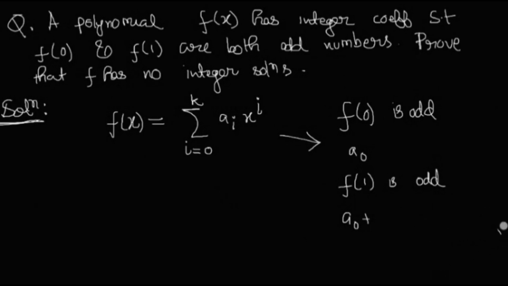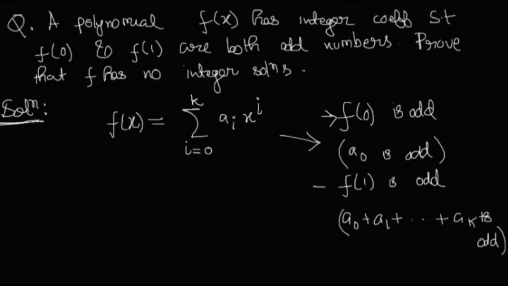That will imply that the sum of the coefficients is odd. This is my first implication, which says a naught is odd, and the second implication says the sum of the coefficients is odd.